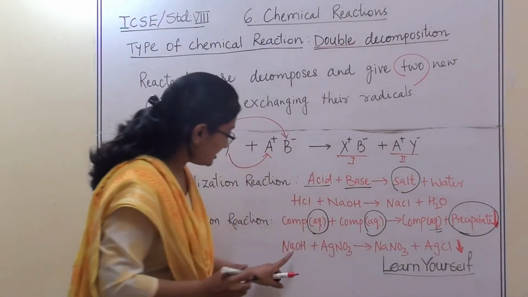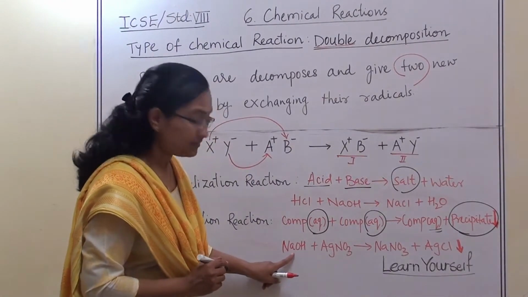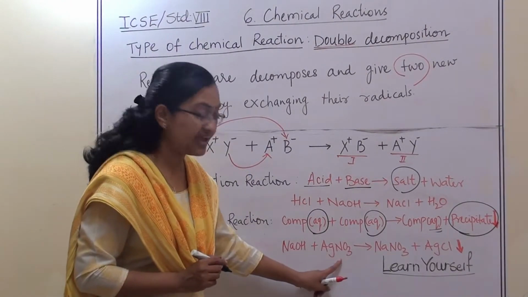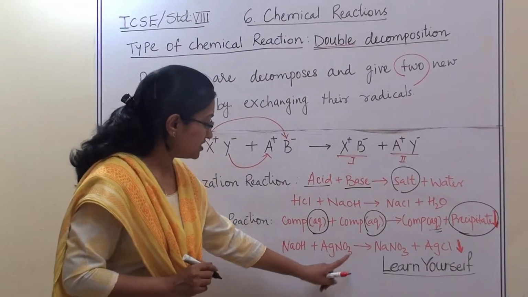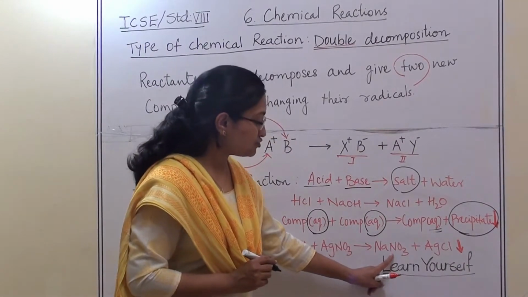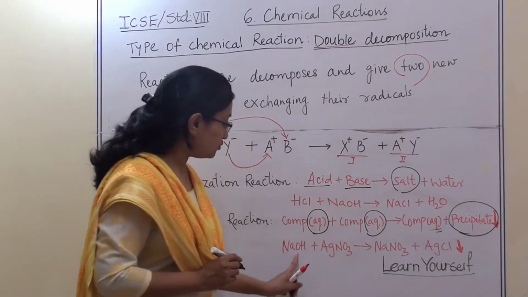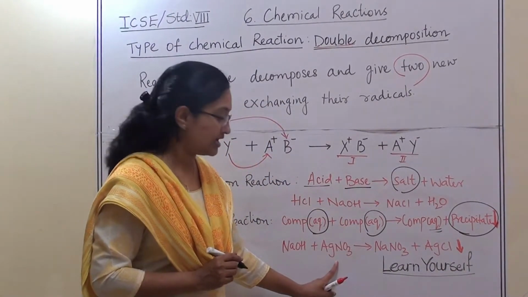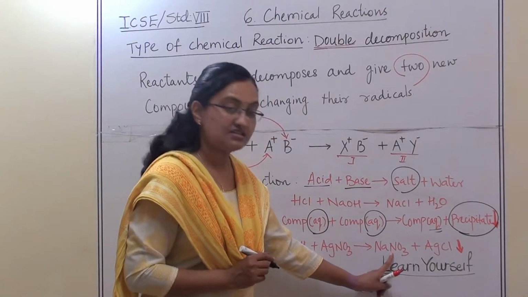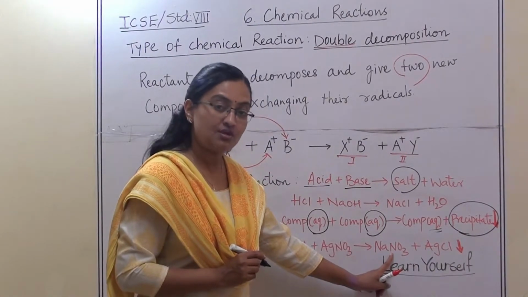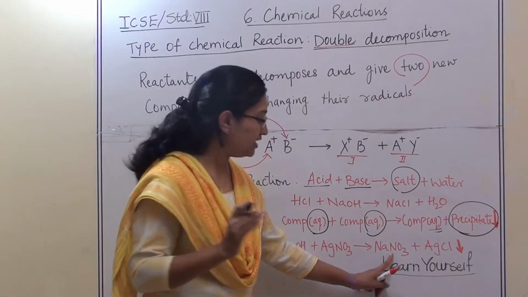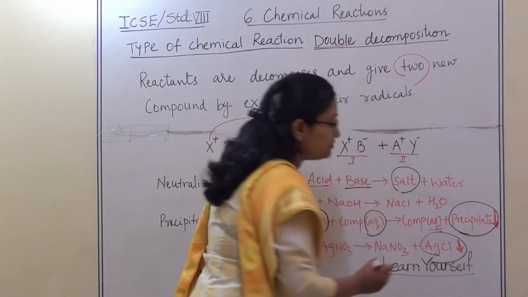So let us take one example: sodium hydroxide will react with silver nitrate and give us sodium nitrate plus silver chloride. When we mix the two solutions together, we will get NaNO3, sodium nitrate, in liquid and AgCl as a precipitate.